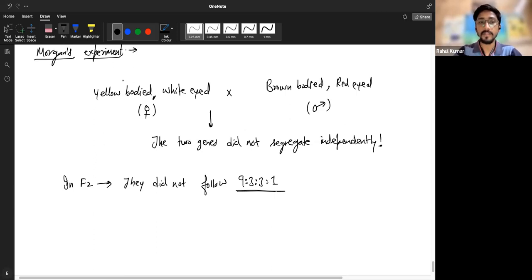So he found that the gene for yellow body is actually linked to the gene for white eye. And the gene for brown body is actually linked with the gene for red eye. So basically the gene for body color was linked to the gene for eye color. Is it clear?